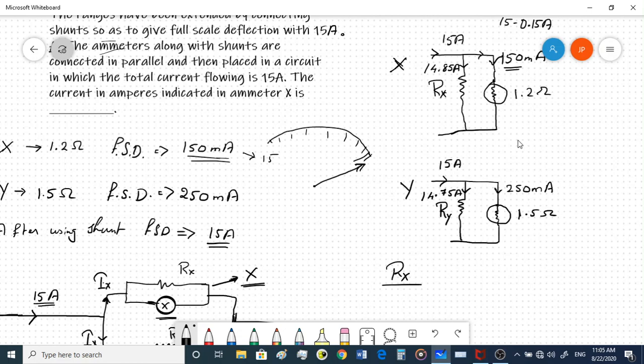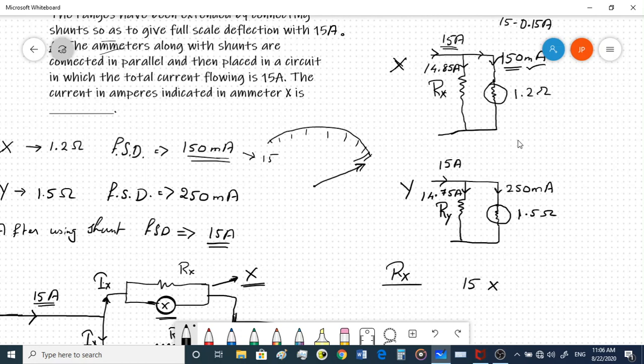So what you will get is that, let's take the current through Rx. So if you are taking what is the current through Rx, you can write this equation as the total current, which is 15 amperes. 15 amperes is the total current that is coming here. Now 15 amperes into the opposite branch resistance. The opposite branch resistance is 150 milliamperes, which is 0.15 amperes, divided by, it is not the opposite branch current, it is the opposite branch resistance.